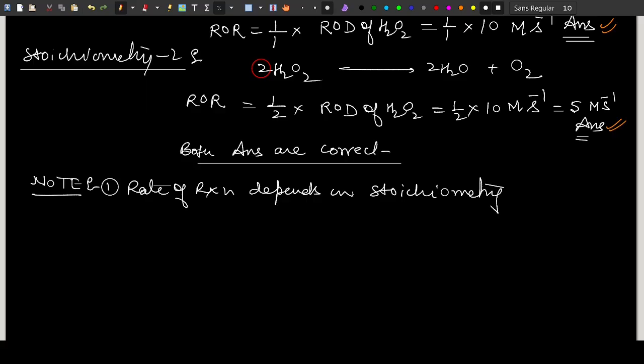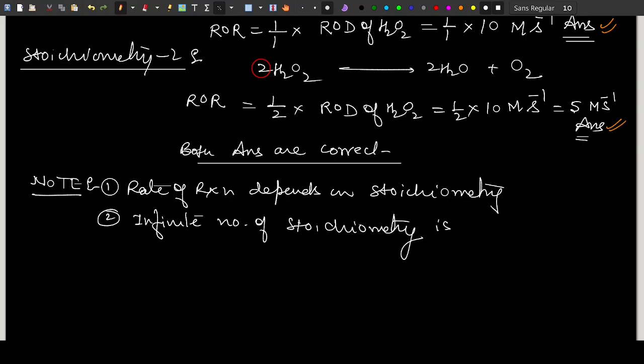Since infinite number of stoichiometries are possible, we can say infinite number of rates of reaction are possible.